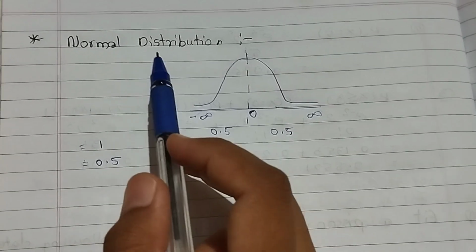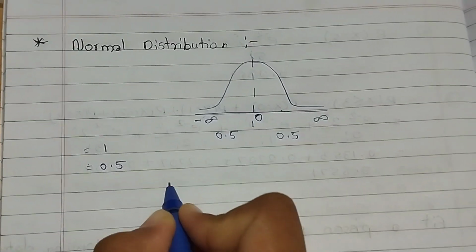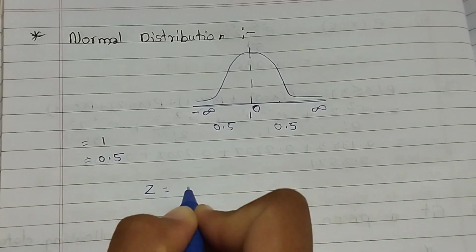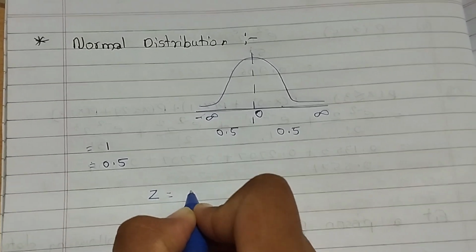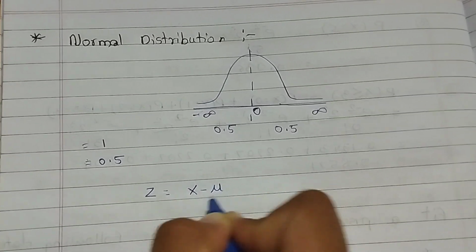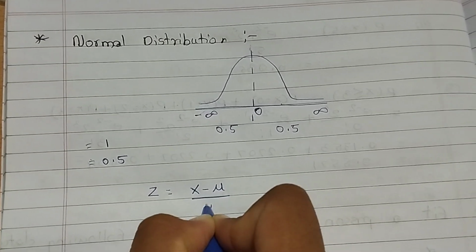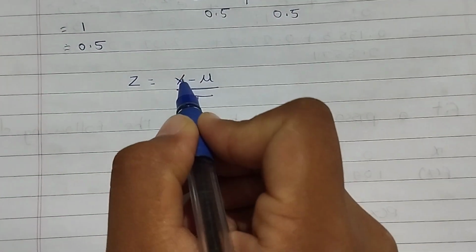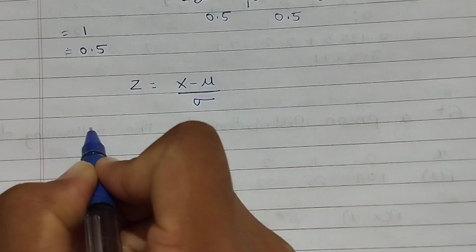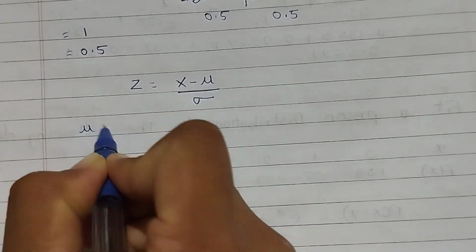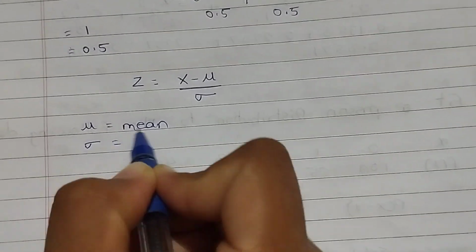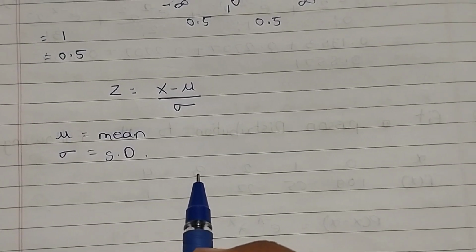For the normal distribution, first we want to calculate the value of z, and this value of z is nothing but x minus mu divided by sigma, where x is the random variable, mu is the mean, and sigma is the standard deviation.